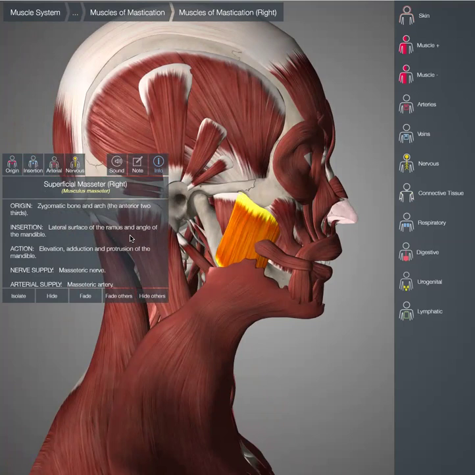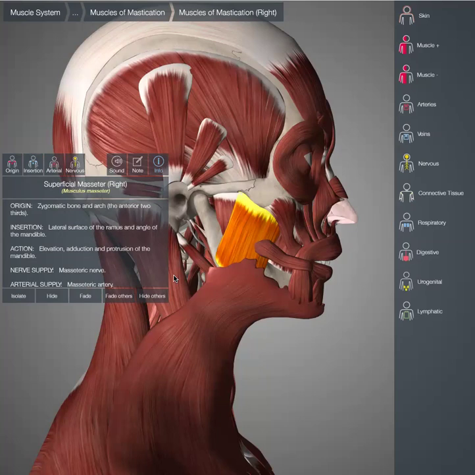Origin, zygomatic bone. Insertion, angle of mandible. Action, elevation of the mandible. Nerve supply, masseteric nerve.